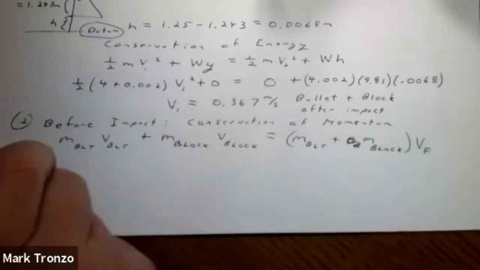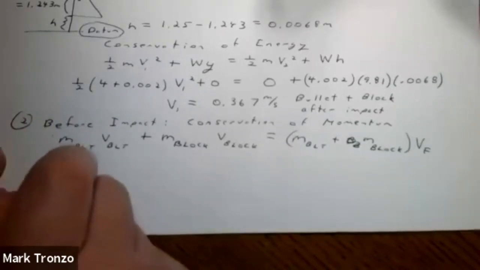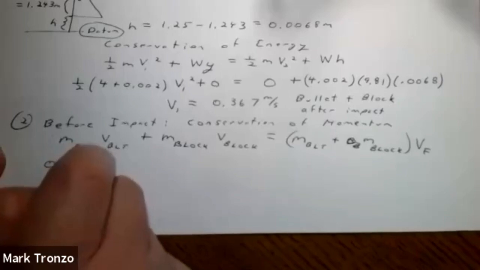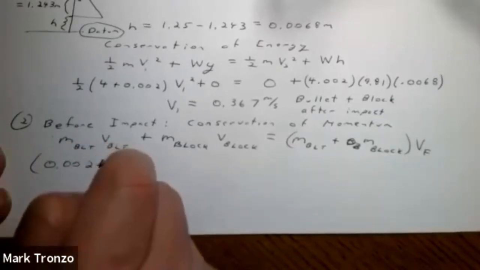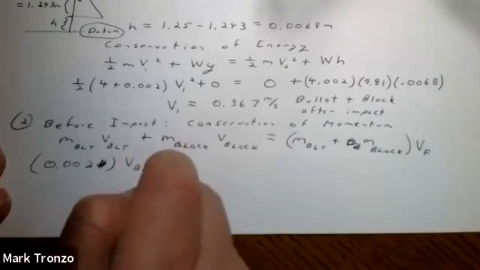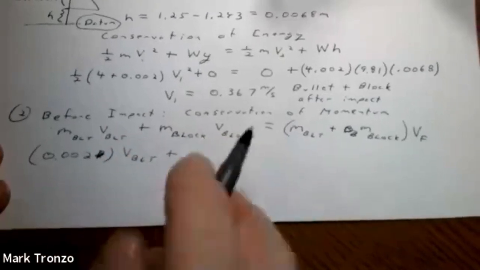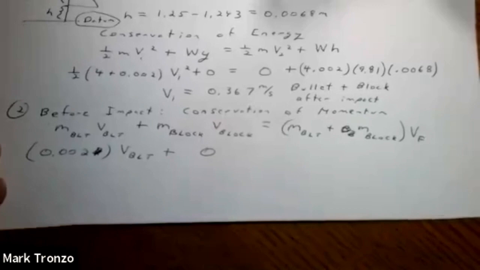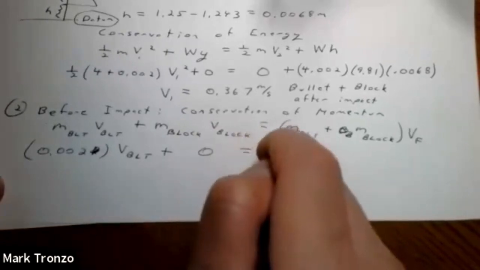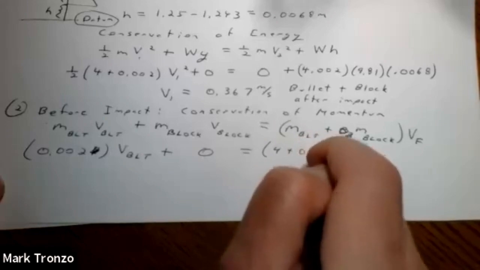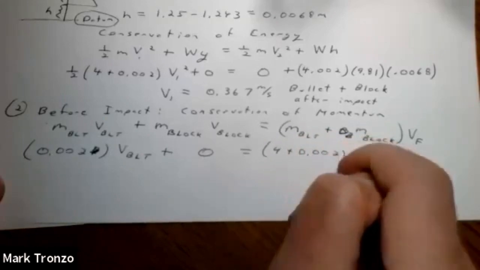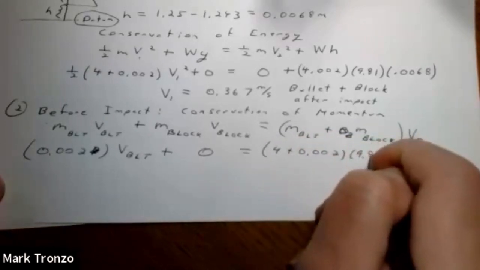So over here, the bullet was 0.002 kilograms. The velocity of the bullet, we don't know. Before impact, the block was motionless. Then 4 plus 0.002, times 9.81.